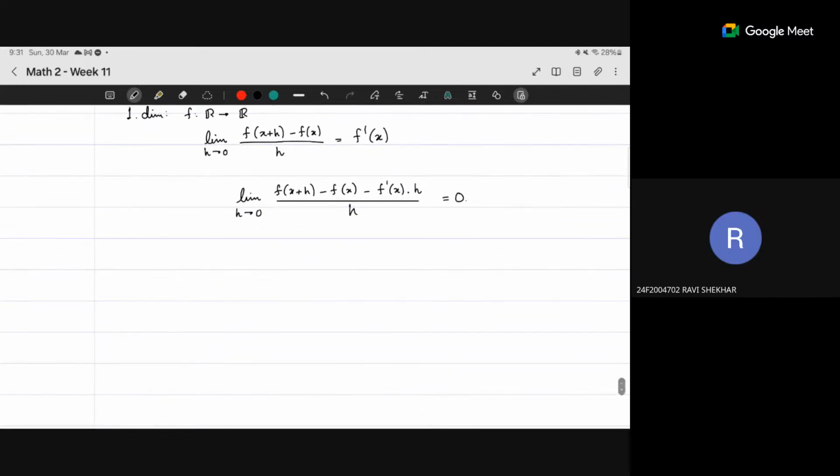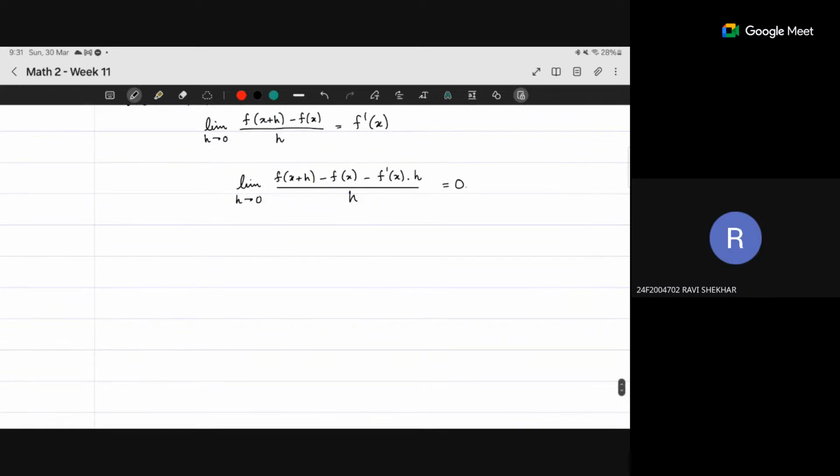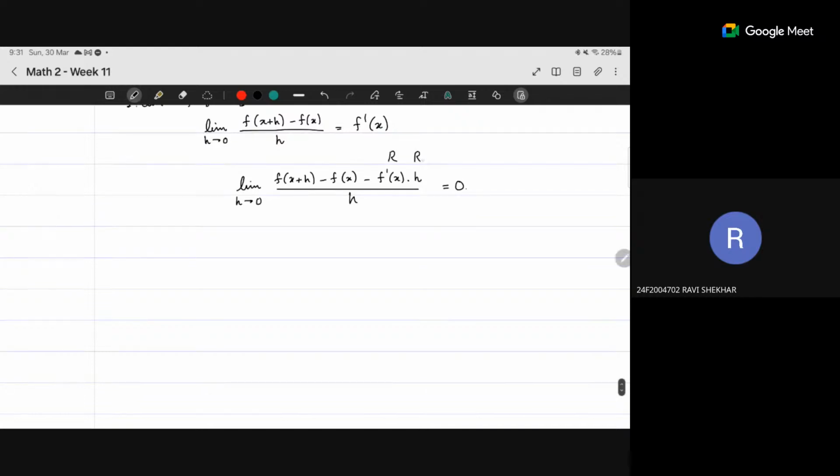Now, if I were to use this definition for differentiability, replacing this, there are a few problems. First of all, I don't know what f prime x times h would be, right? In this case, this is a real number, this is a real number. I can just multiply them and I'll get a real number.